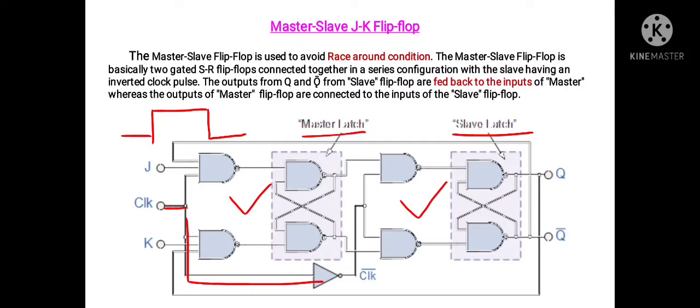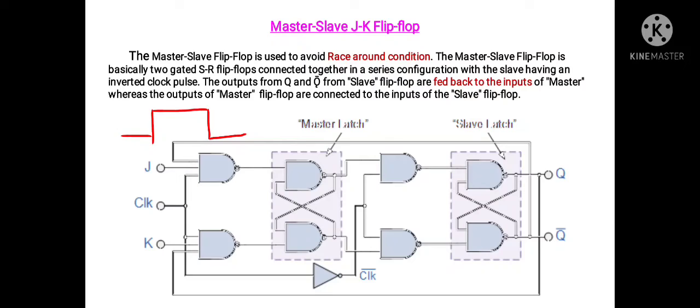One more thing, that the slave output from Q is connected to input of master flip-flop, whereas the Q bar output is also connected to input of master flip-flop. Similarly, the output of master is connected as input to slave from both these ends.